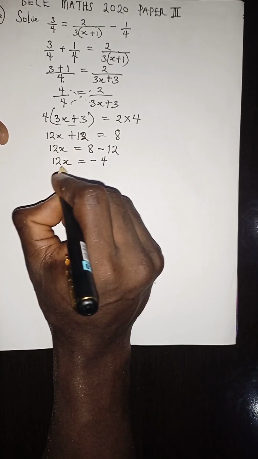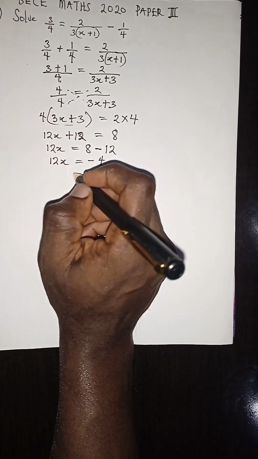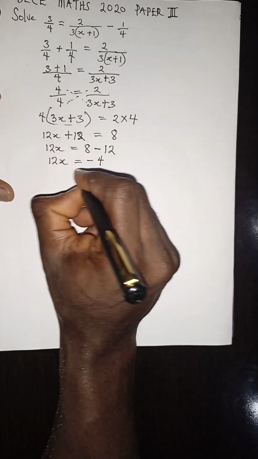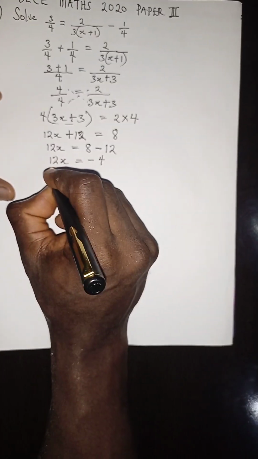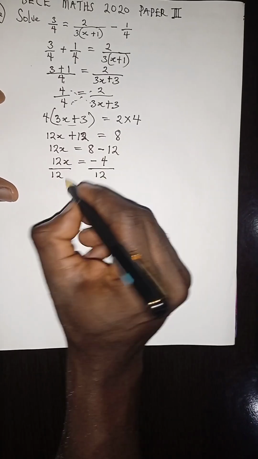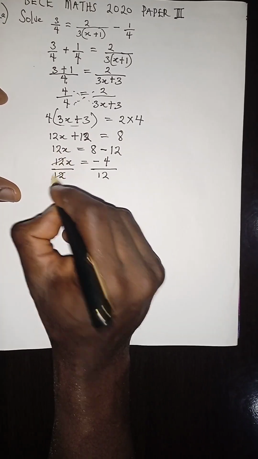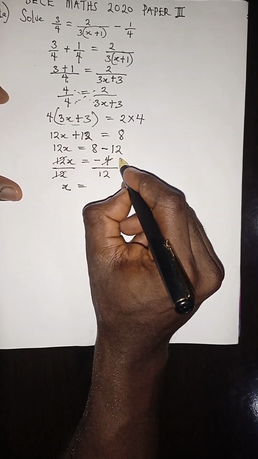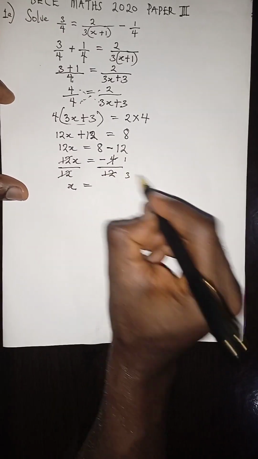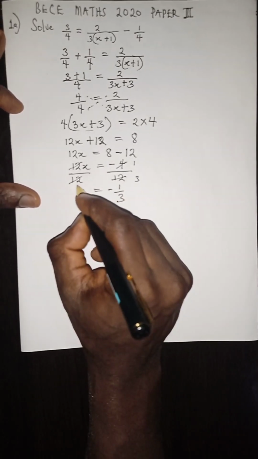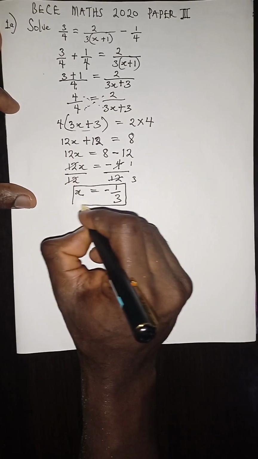Then we divide through by the coefficient of x, because x is that value which when it multiplies 12 gives us negative 4. So what is that value? We find out when we divide through by 12. So 12 cancels 12. Then we are left with 4 goes into 4 one time, 4 goes into 12 three times. So we are left with negative 1 over 3. And that is our final answer.